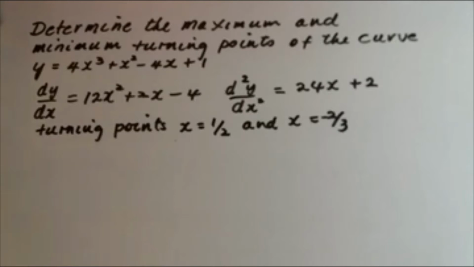In this part, I'll be calculating the nature of the turning point at x equal to minus 2 over 3.